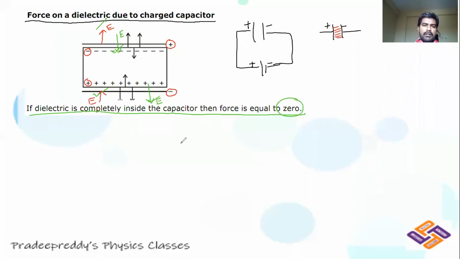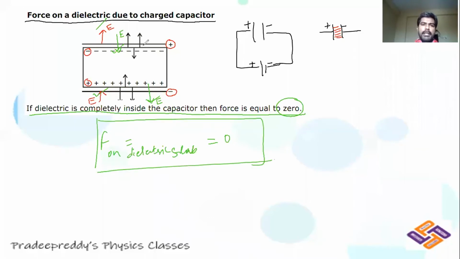So the force on the dielectric slab is equal to 0 if you are completely filling the dielectric medium in between the two plates.